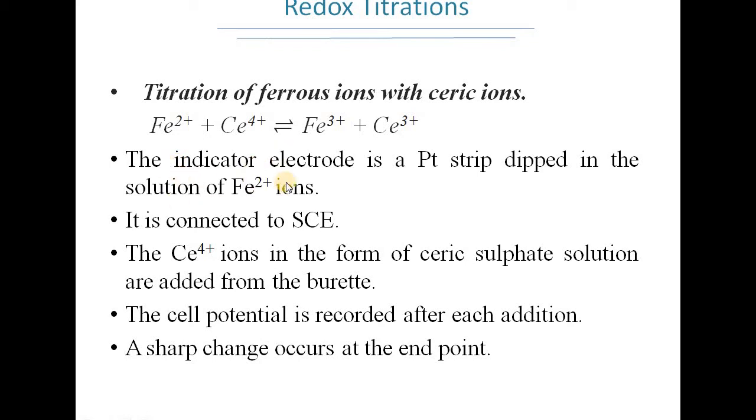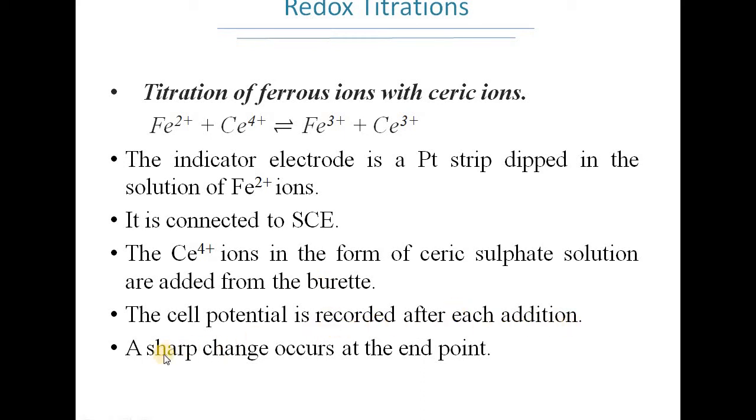This indicator electrode is further connected to a saturated calomel electrode. Now the Ce4+ ions, in the form of ceric sulfate solution, are added from the burette and the cell potential is recorded after each addition.